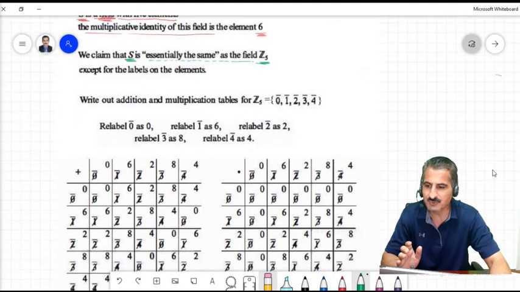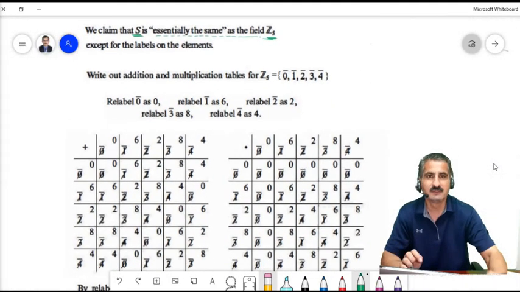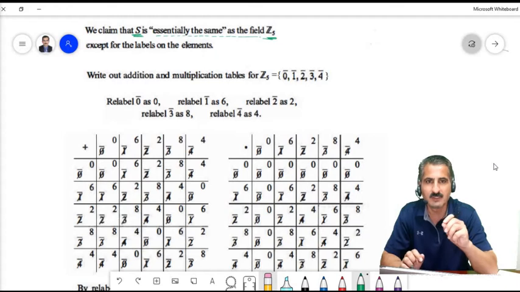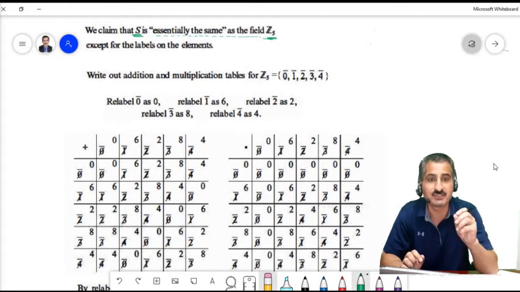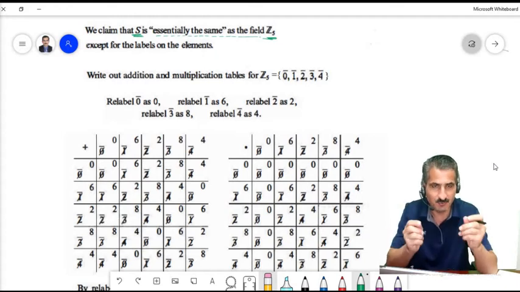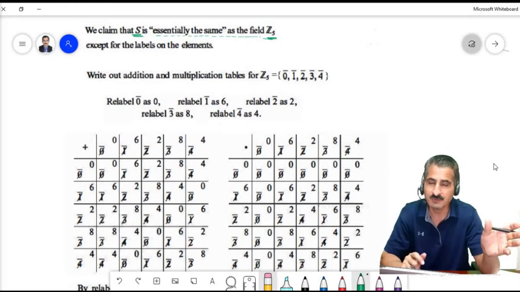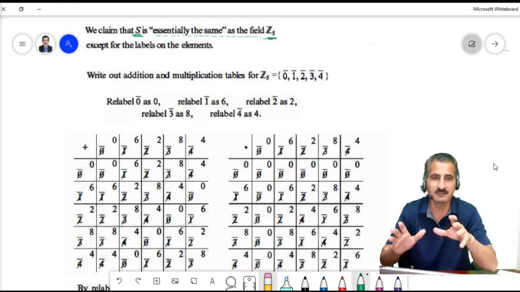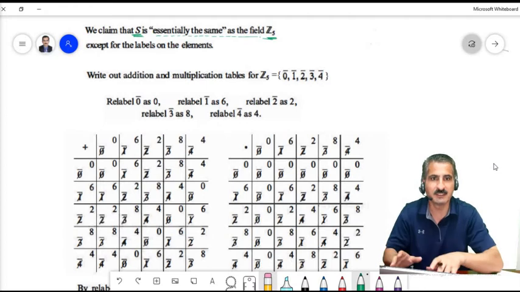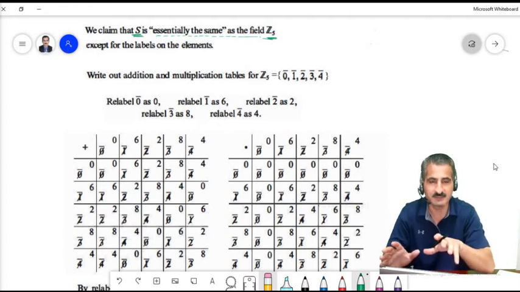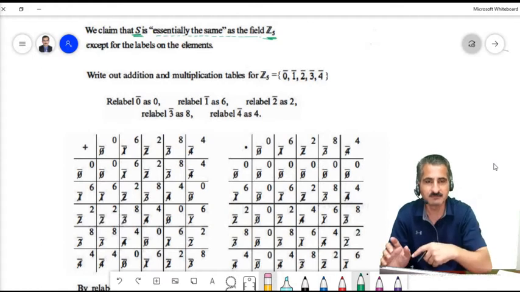We showed that some group has the same structure, which means it is isomorphic, to some other group if we take the operation table, whether addition or multiplication, and relabel the names for one group.